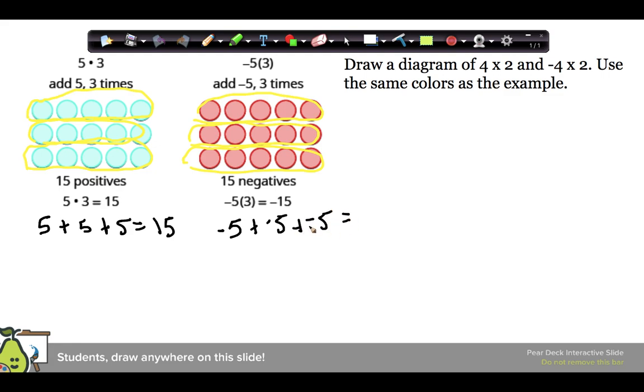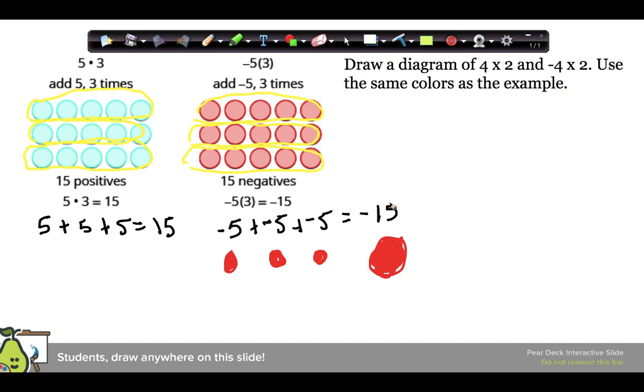Earlier in the year, what we did for this was draw a circle. There's a negative, there's some more negative, there's some more negative. If we put this all together, we'd have this big amount of negative. Nothing is being canceled out here. We're just getting more and more negative. So that's where we would get that negative 15.